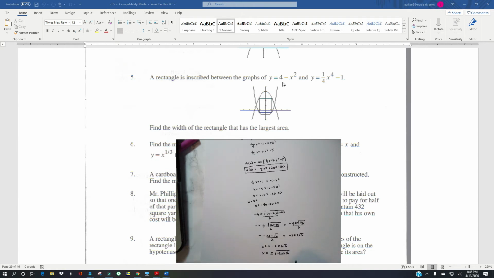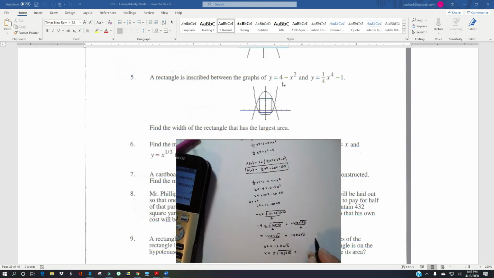Alright, so you can forget about the minus here on the outside, but let's look and see what that equals. So negative 2 plus 2 root 6. Okay, so this is bad on my part because I'm rounding. 2.89898.